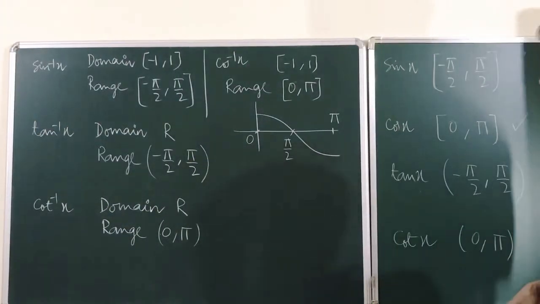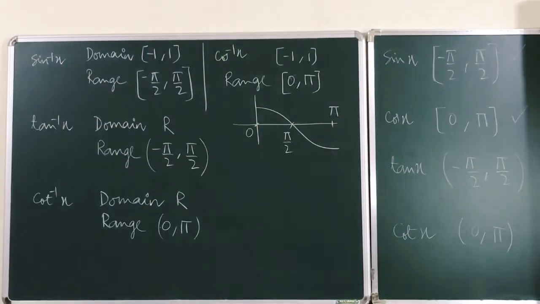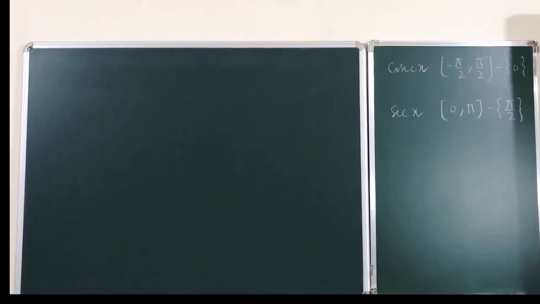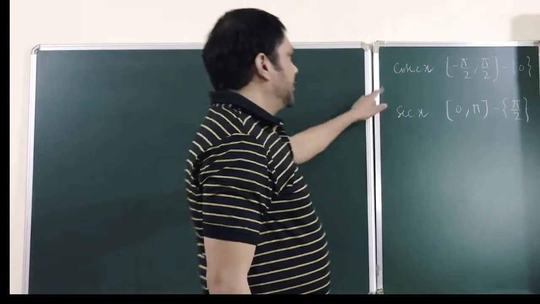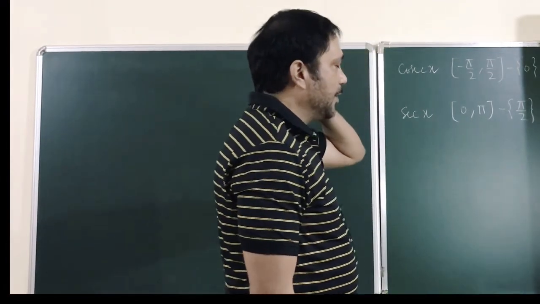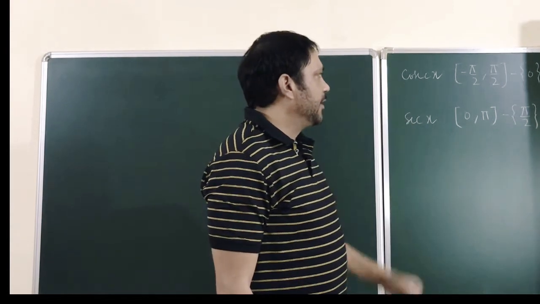I'll come to sec x and cosec x also. So now for the cosec x and sec x, for the cosec x, the principal domain is minus pi by 2 to plus pi by 2 except 0. Why have we deleted 0 there?